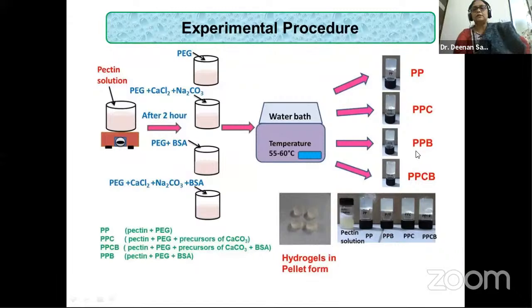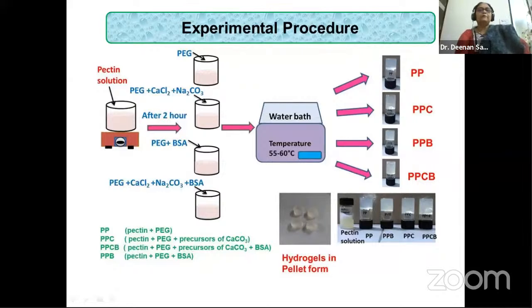Here we have chosen BSA, bovine serum albumin, as a model protein, so the next gel is pectin PEG and bovine serum albumin, PPB. The last one is PPCB, where calcium carbonate is also there and BSA is also there. This is the hydrogel we made. You can see the hydrogel sample, 1 centimeter thickness and 1 centimeter diameter.